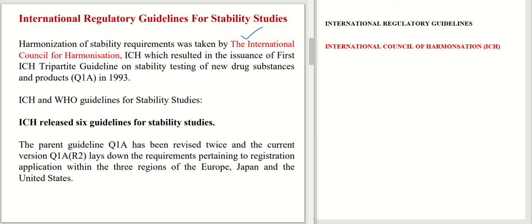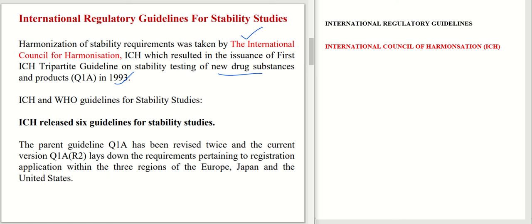So, by considering all these climatic zones and various drug products, the International Council for Harmonization has issued a few guidelines. The first guideline, for stability testing of new drug substances, was released in 1993.